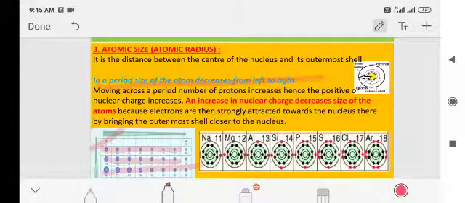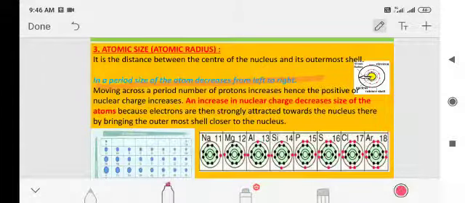What I am discussing here is only up to the 7th group. This concept will not be applicable for noble gas, and noble gas has an entirely different concept. So what I am discussing here is applied only up to the 7th group, remember that. Now we are going to discuss how the atomic size decreases.